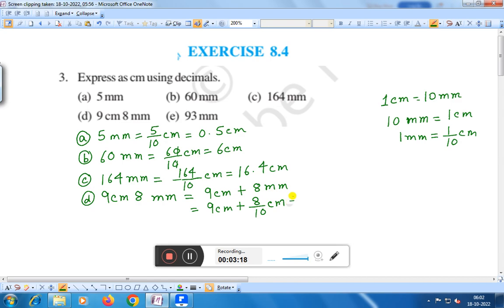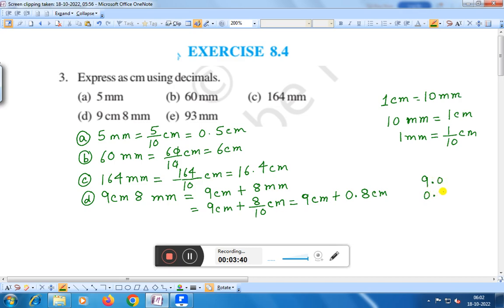That is equal to 9 centimeter plus 0.8 centimeter. If we add the numbers, that is 9.0 and 0.8.